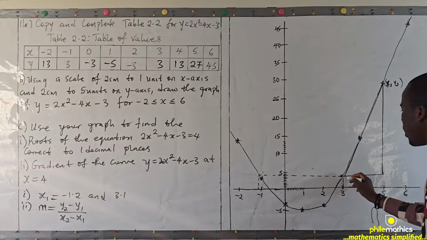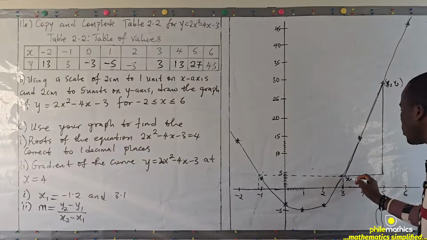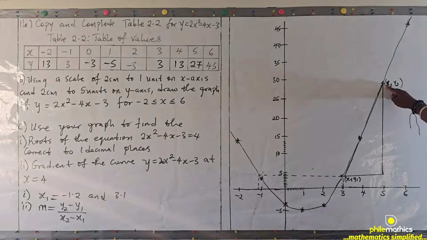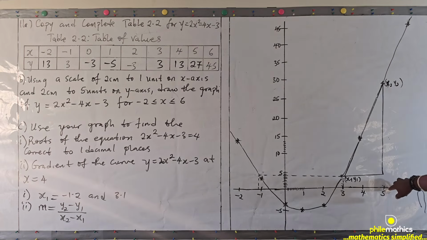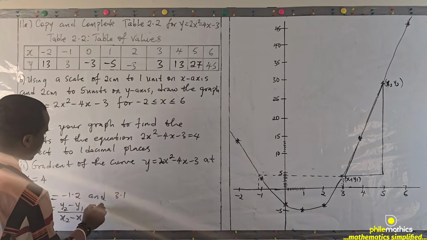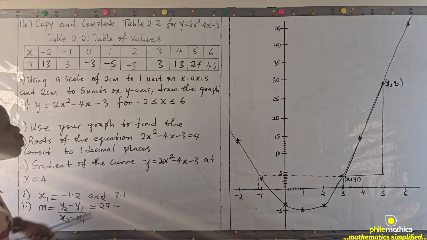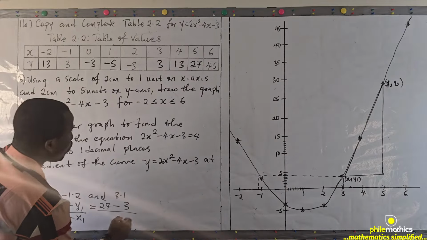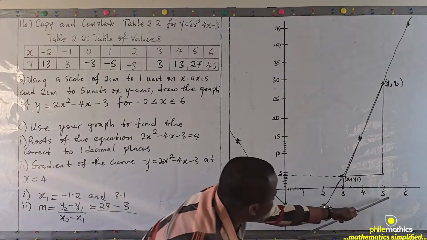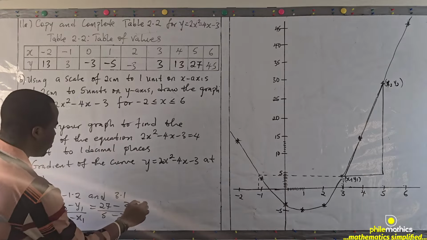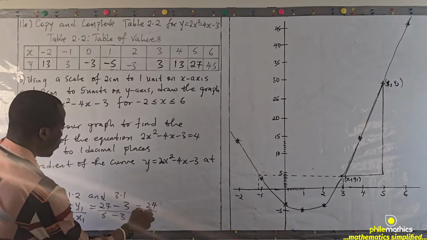This is our x1, y1. So this point is at x equals 5, 27, minus at x equals 3, minus 3, over 5 minus 3. This is simply 24 over 2.